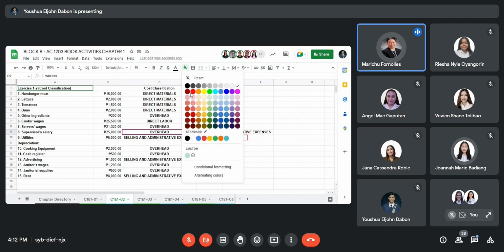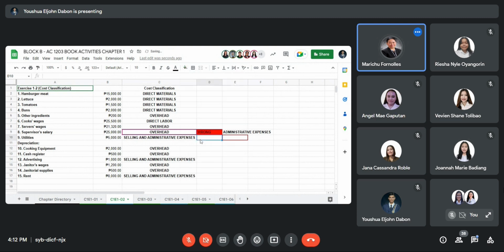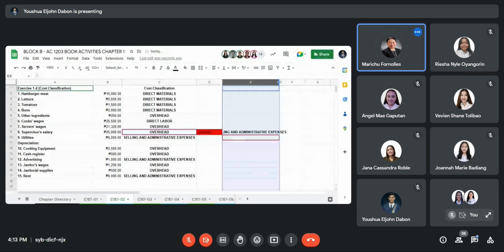Then number 9, utilities. Utilities, what is your answer? Water and electricity, that's part of utilities. Selling and administrative expenses, miss. Selling and admin expense.